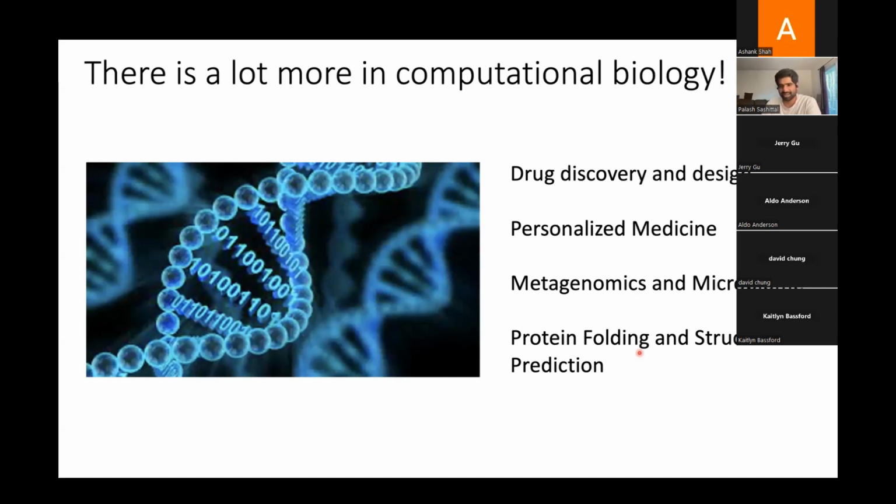There's also other fields like microbiome and metagenomics, where samples are taken from out in the environment. For example, you can imagine that you take water samples from a lake and sequence whatever genome is floating around or swimming around in that water, and try to tell what the different species of fish that live in that lake are, without ever having to do a survey of the entire lake, just by looking at a few flasks or buckets of water.